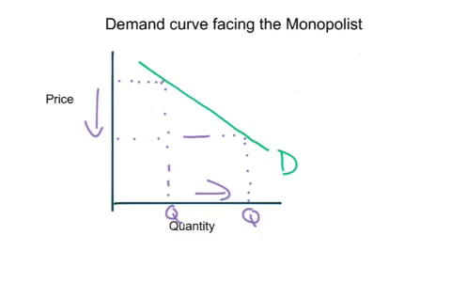All of those still apply to the monopolist, but the difference is that they are able to use the market demand curve as their firm's demand curve.